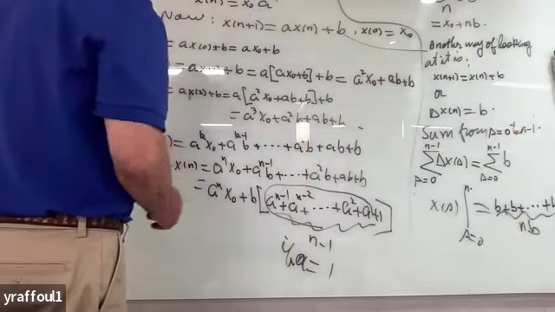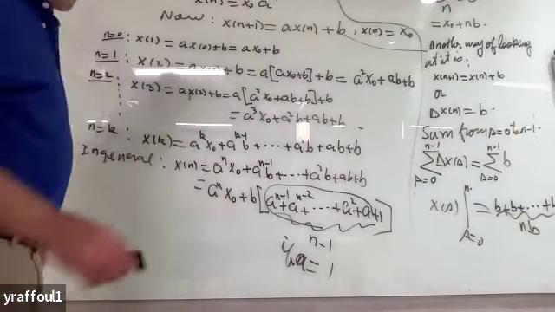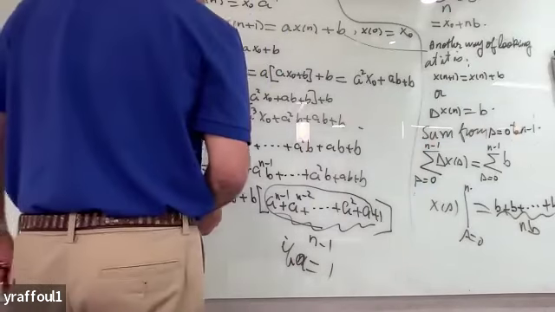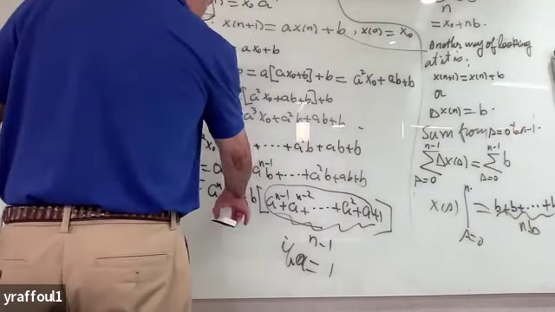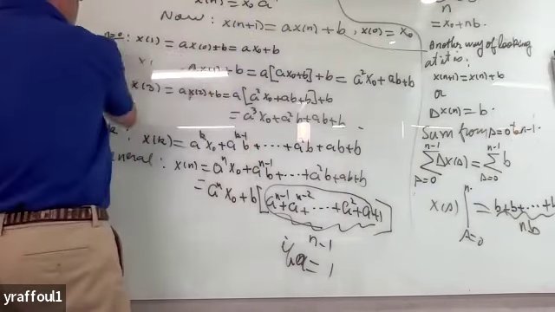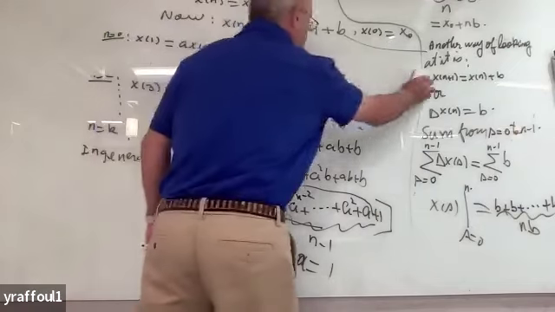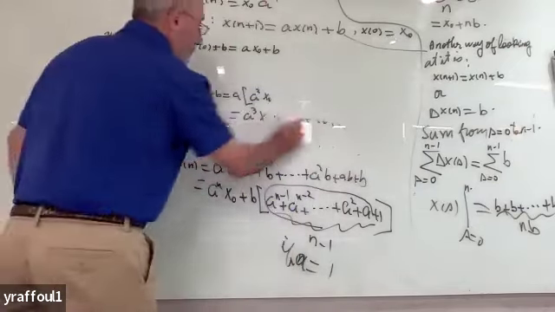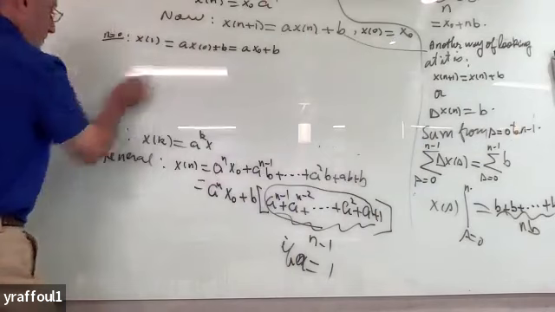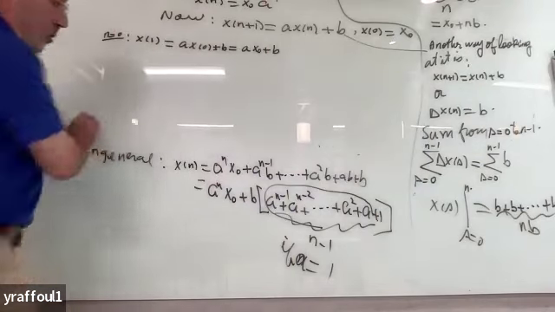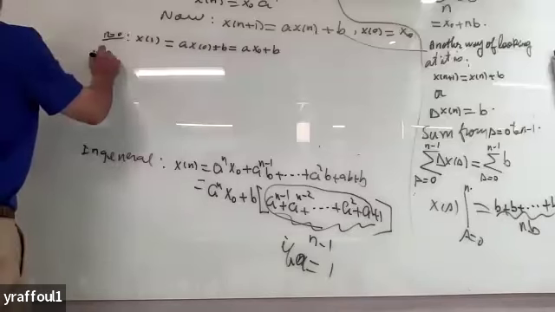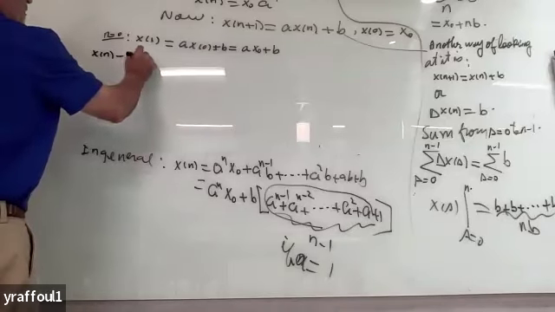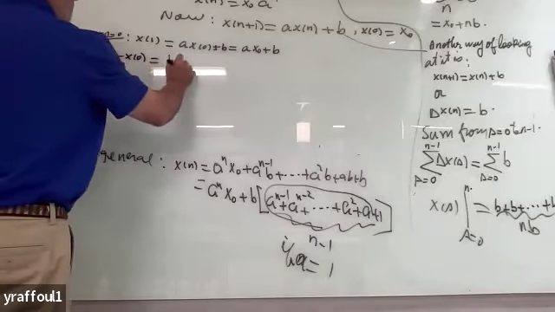And let me finish. I would like to keep this. So another way of looking at it, we have x_n minus x_0 equal b times n.